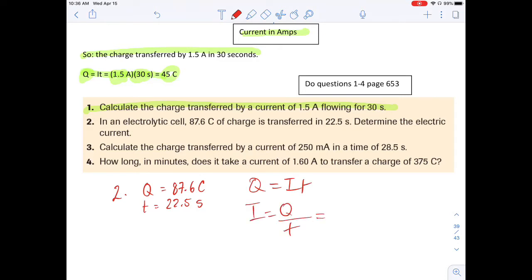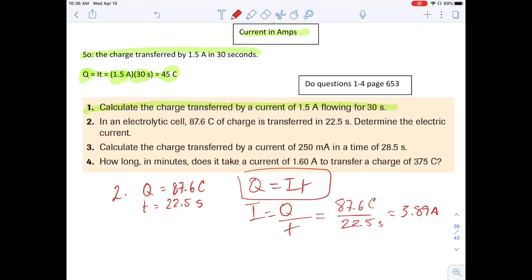So we've got 87.6 coulombs divided by 22.5 seconds. If we punch that into our calculator, we get 3.89 amps required to carry that out. So we can rearrange this to find time, current, or the charge.